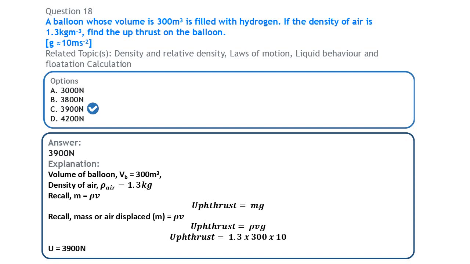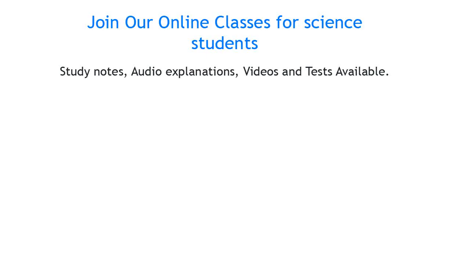So the upthrust will now be the density, which is 1.3 kilogram per meter cube, multiplied by the volume of the balloon, the object that is floating in the air, which is 300, multiplied by acceleration due to gravity, that is 10. By the time we multiply all of this, we'll be getting 3,900 newton.